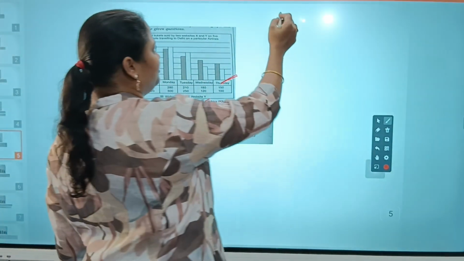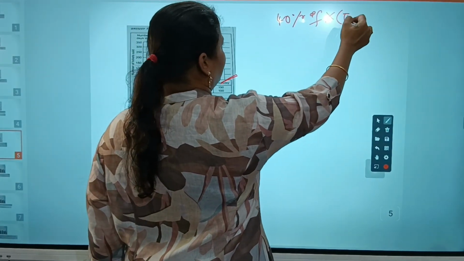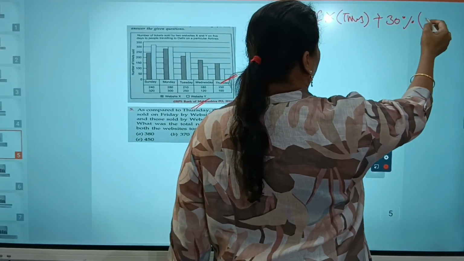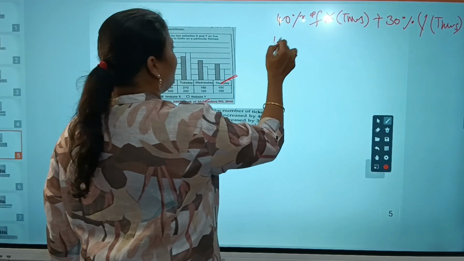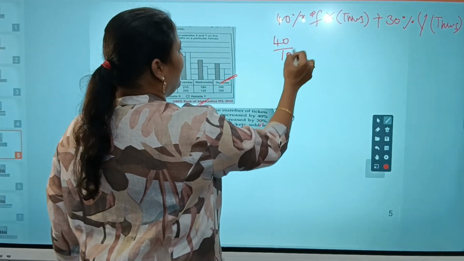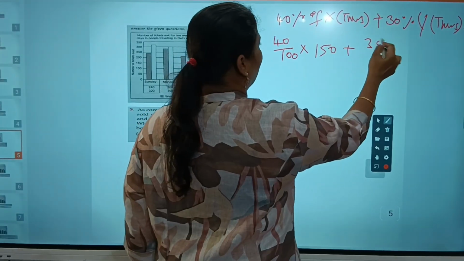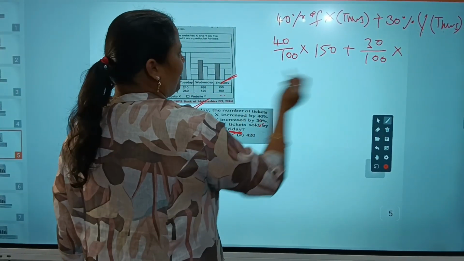Okay, it means 40% of X value on Thursday plus 30% of Y value on Thursday we have to do first. So 40 by 100 into X value Thursday, which is 150, plus 30 by 100 into Y value Thursday, which is 100.